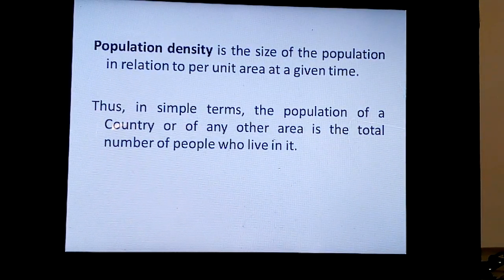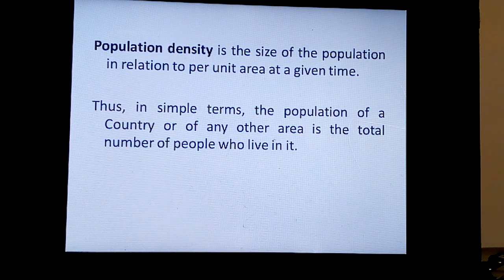Population density. Population density is the size of the population in relation to per unit area at a given time. Thus, in simple terms, the population of a country or of any other area is the total number of people who live in it.